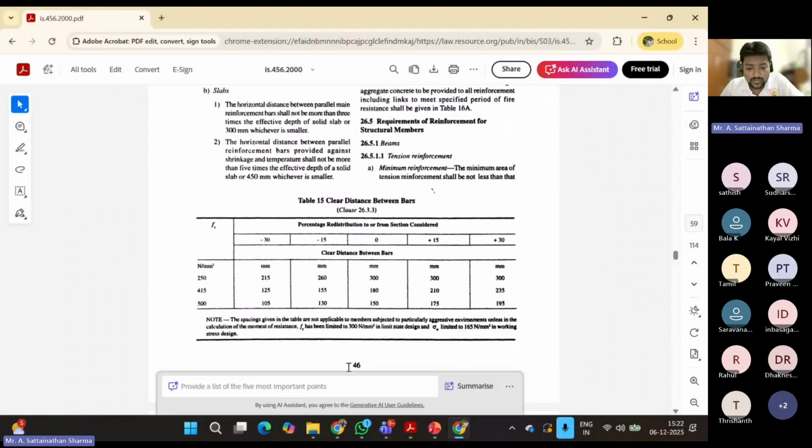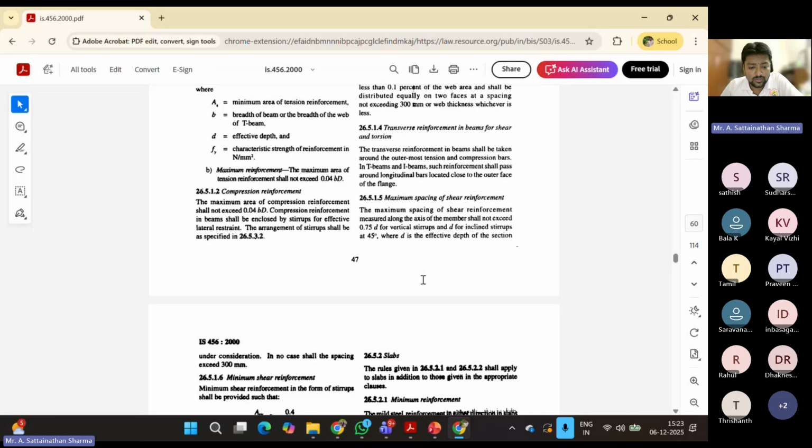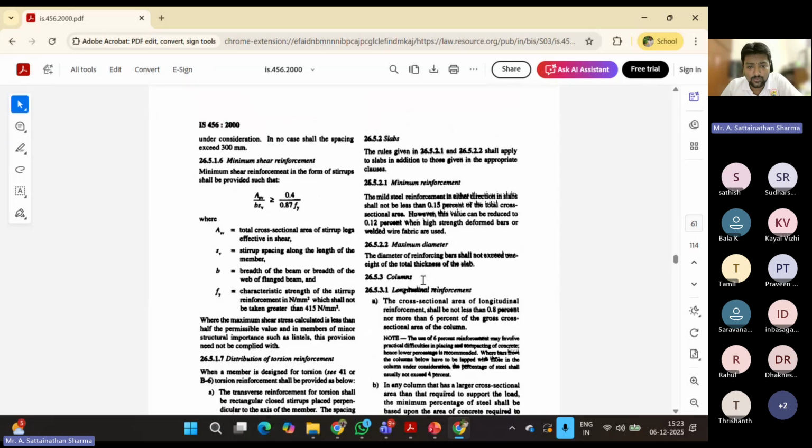So here you can see on page number 46 of IS 456, they have given requirements for reinforcement for structural members. The first member they have given is the beam. So what we want is the slab. If you go down, you can see clause 26.5.2 Slabs.